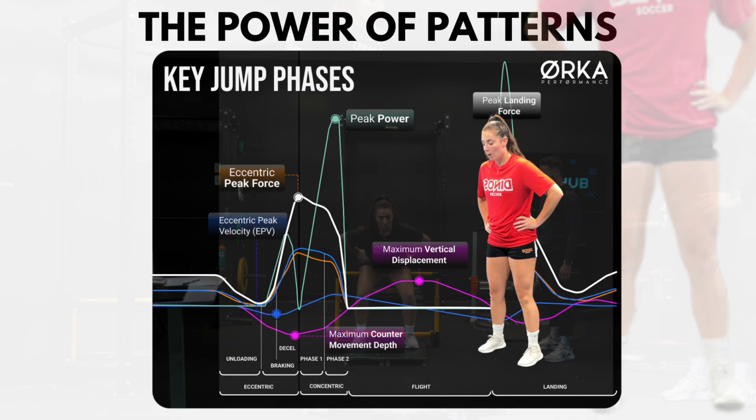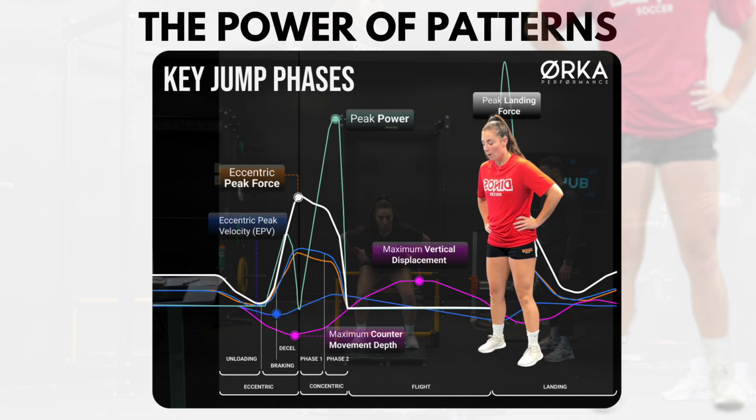We're going to take a look at unloading, braking, the concentric phases, flight, landing. Once we understand that timeline, we can start to recognize the patterns that are inside it. And the key phases are going to direct our attention to different ranges of motion, different strategic solutions that the athlete might be pulling on.